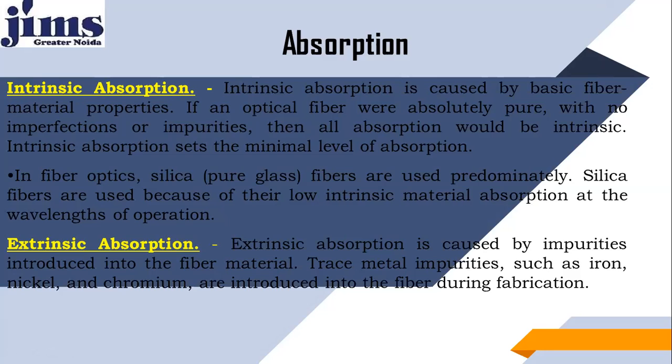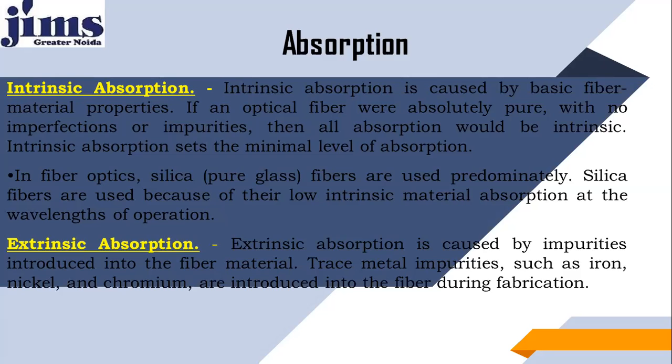Extrinsic absorption is caused by impurities introduced into the fiber material, such as iron, nickel, and chromium, which are introduced into the fiber during fabrication. So during the fabrication process of optical fiber, there is an impact of some external impurities, such as nickel, chromium, and iron, and that creates absorption.